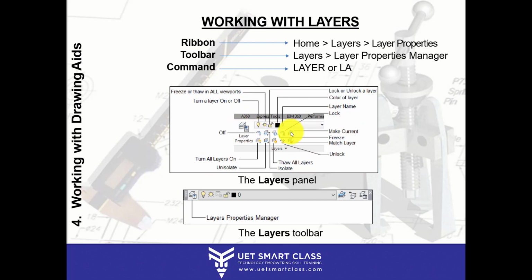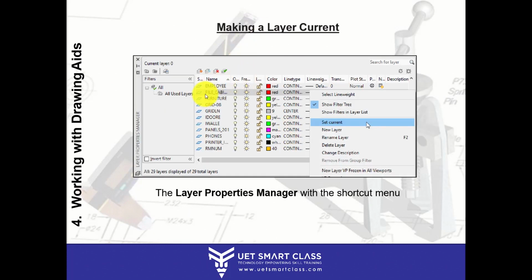Okay. You can even double click on this icon here in the blue area and it will become current. Or here in this properties manager, this is the icon for current layer. See, a tick mark is there. So if you select the layer and click on it, it will make the layer current.